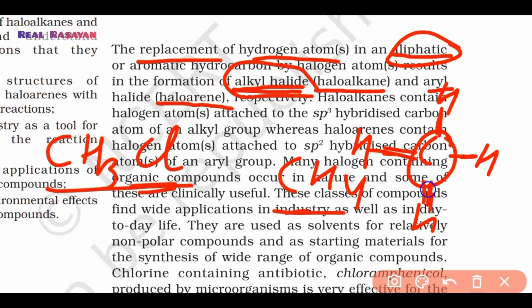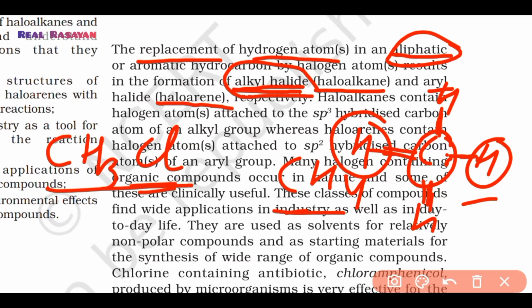And if the carbon atom is bonded to other carbon atoms or monovalent atoms, monovalent means the bonded atom has only one electron that is shared with the carbon atom.